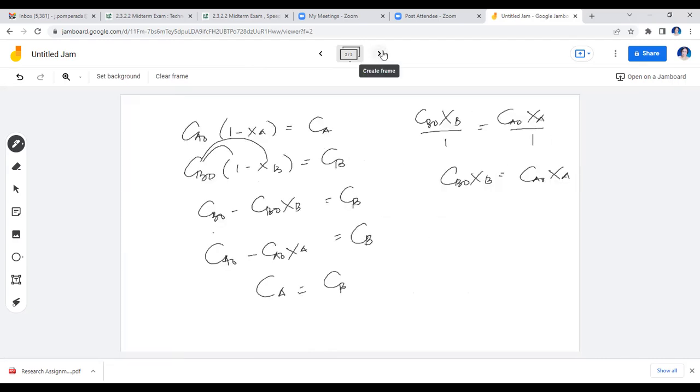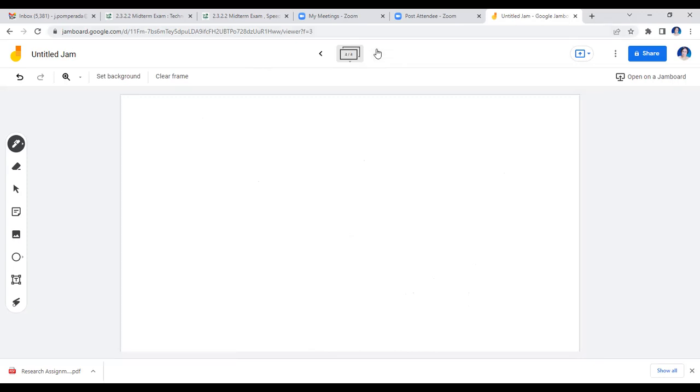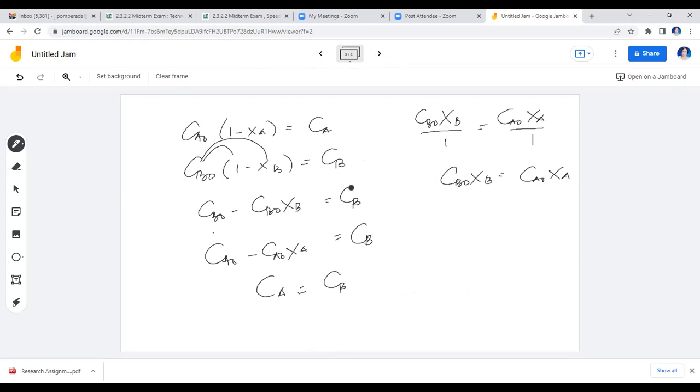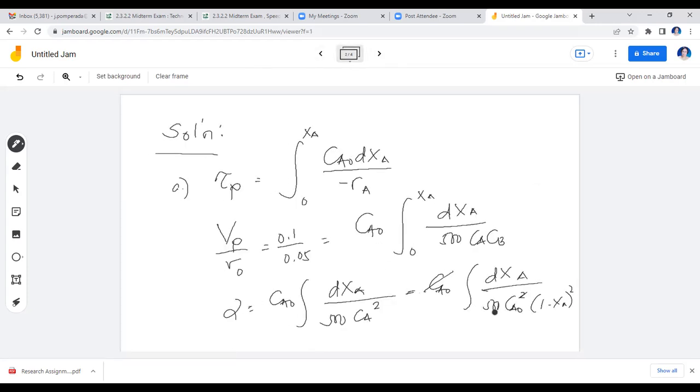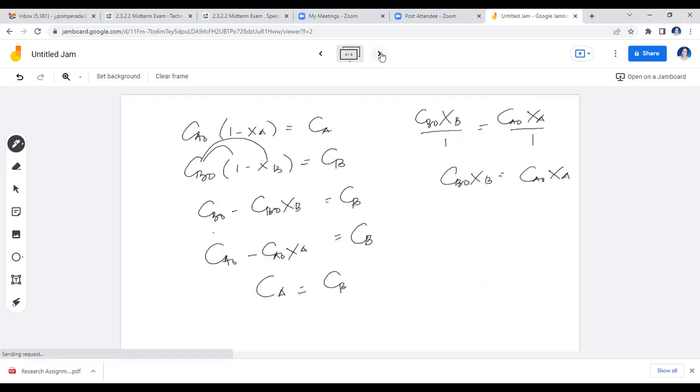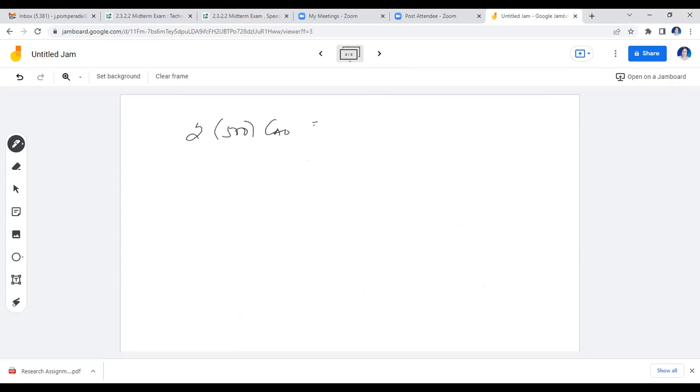So you'll have now 2 times 500 times CAO. Where is it coming from? From in here. The 500 and the CAO, I cross multiplied it in here. That way, you'll be left with the integral on the right side. So you have the integral of dXA over (1 minus XA) squared.